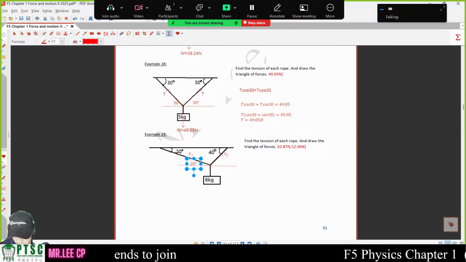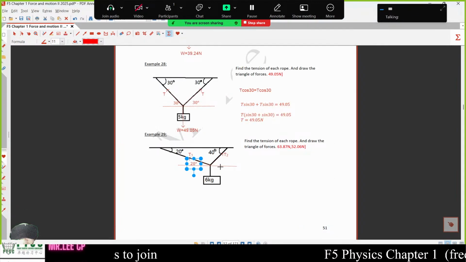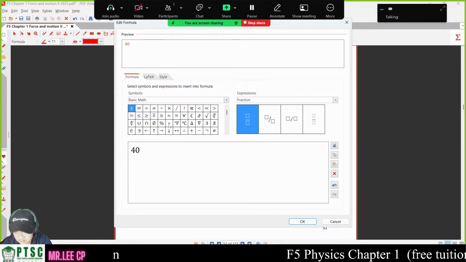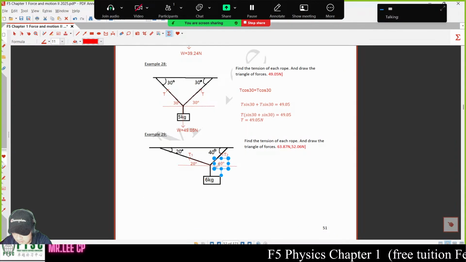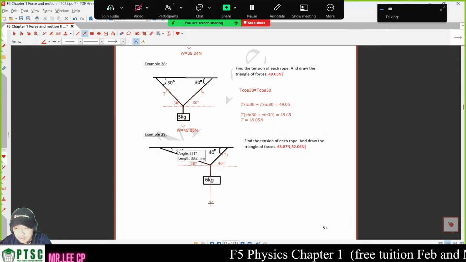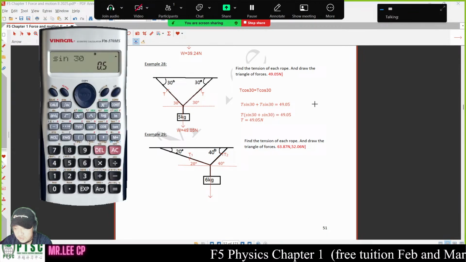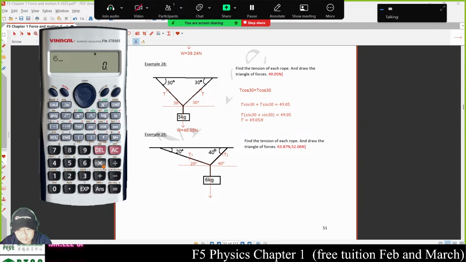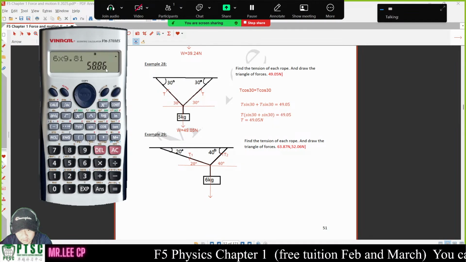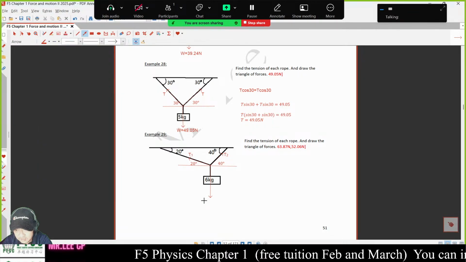Here, this angle is the same as this angle, Z, Z, Z, which is 40 degrees, and this angle is 40. Then you still have one more force, the weight. W is equal to mg, 6 times 9.81. How much is it? 58.86.